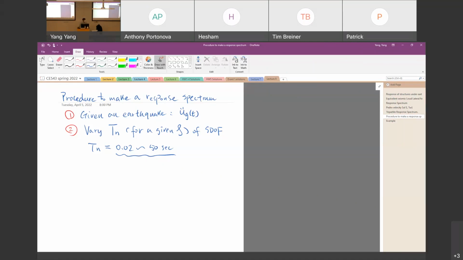That's why we need to know the response of structures with different natural periods. This is the second step.